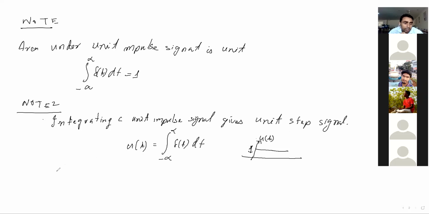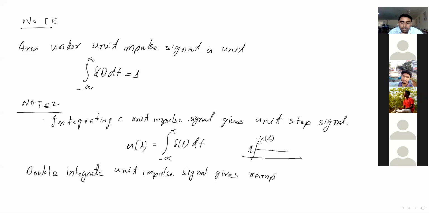Another: double integrating the unit impulse signal will give what? Can you say? If we double integrate the unit impulse signal, it gives the ramp signal. How? Let's see.